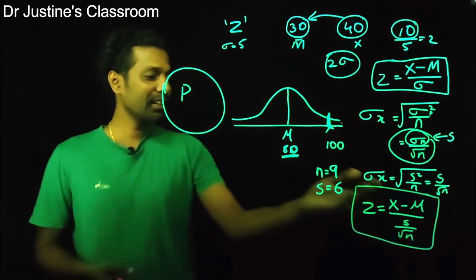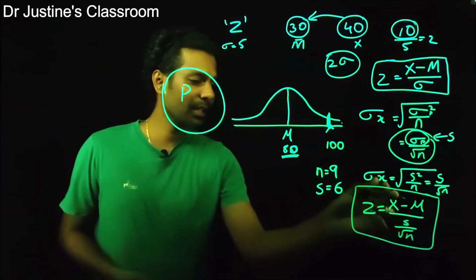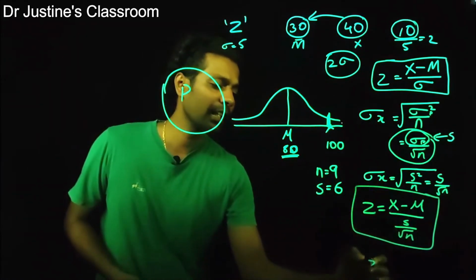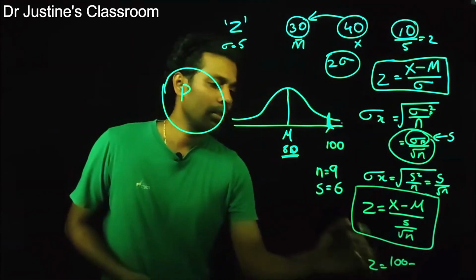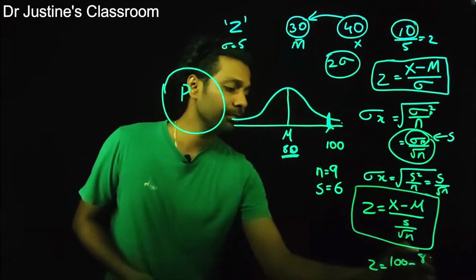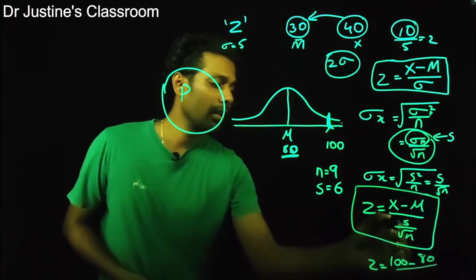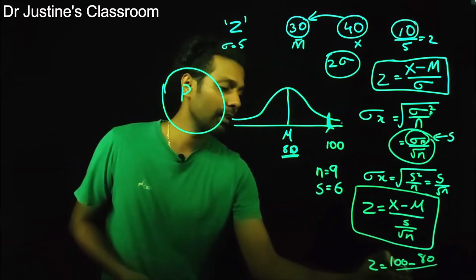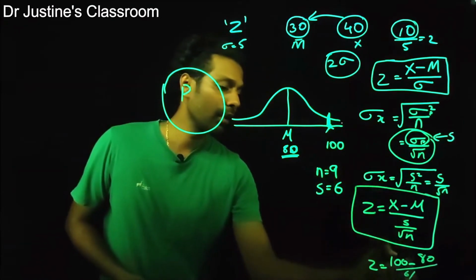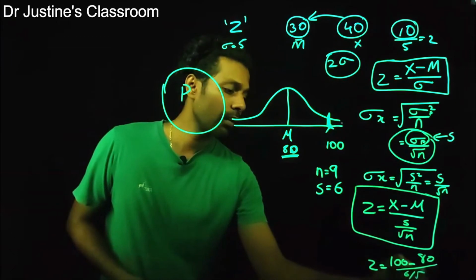Now fine, this is very simple. It's something like 100, I can write it as equal to 100 minus the mean value 80, divided by the standard deviation, that is 6, divided by root of 9.